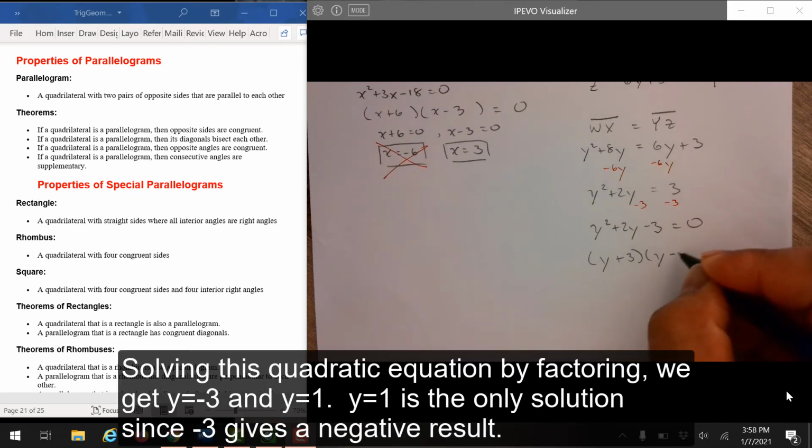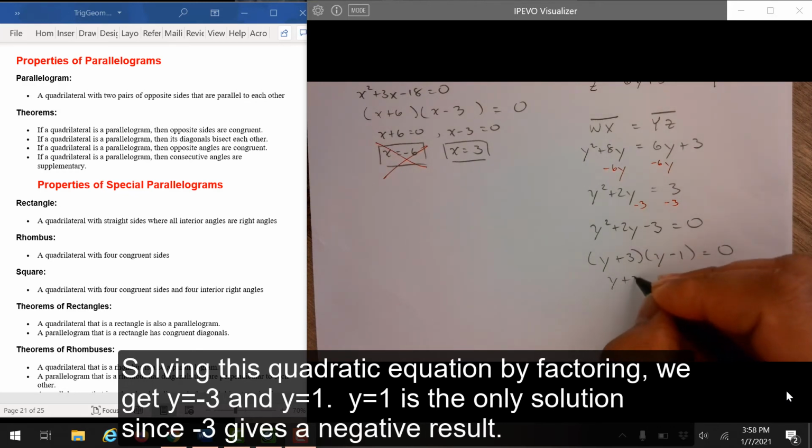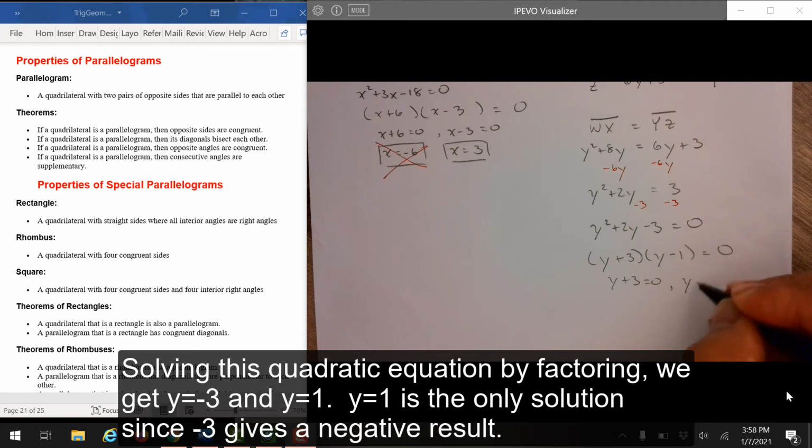Solving this quadratic equation by factoring, we get y equals -3 and y equals 1. Y equals 1 is the only solution since y equals -3 gives a negative result.